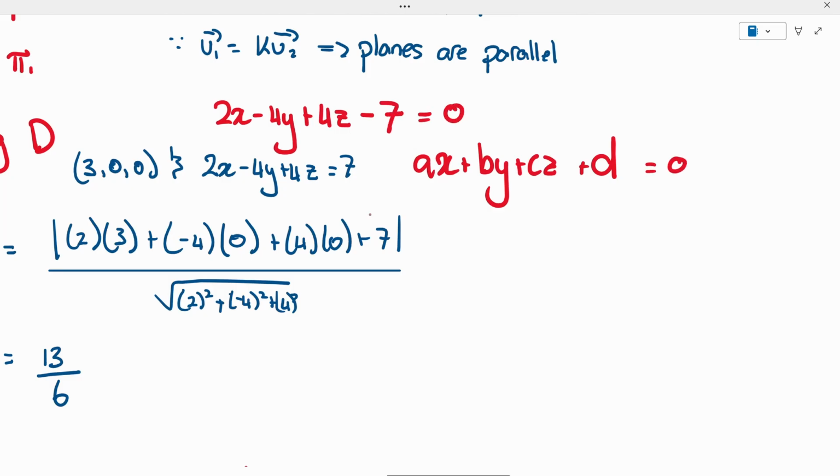That's why I was confused for a second. So this should really be minus 7. So you're supposed to get 1 over 6, not 13 over 6, right? So again, we're out of time for today, so I will go back over these things in Friday's class for any of you who are confused, but just go back in the notes and make sure you change that to minus 7.